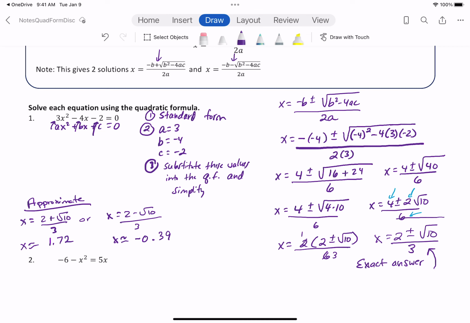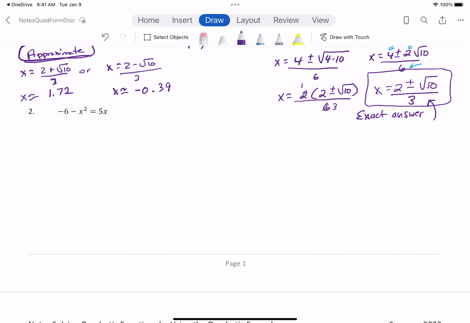So exact answer, we would leave the answer with the root, and approximate, we would enter it into the calculator, and I would have to tell you how many decimal places that I was looking for you to know, okay?